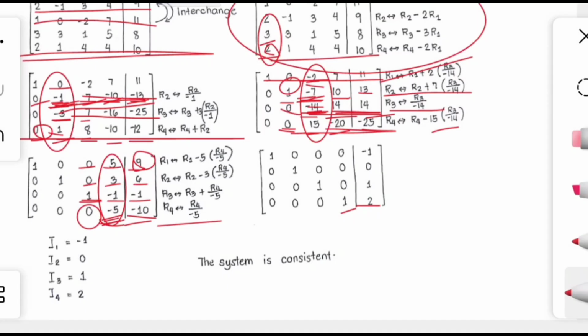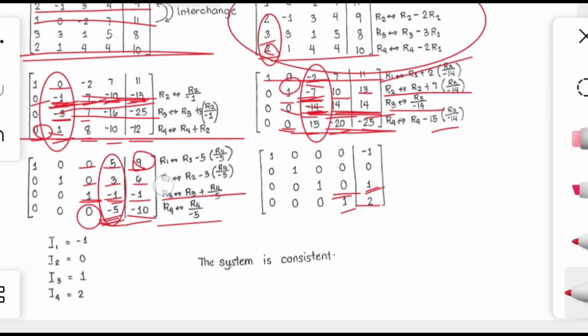So another one, for this negative 1 in the row 3 to be 0, we also have here r sub 3 plus r sub 4 over negative 5. So we have negative 1 plus 1, so we have the 0. And then negative 1 plus the 2, we get 1.